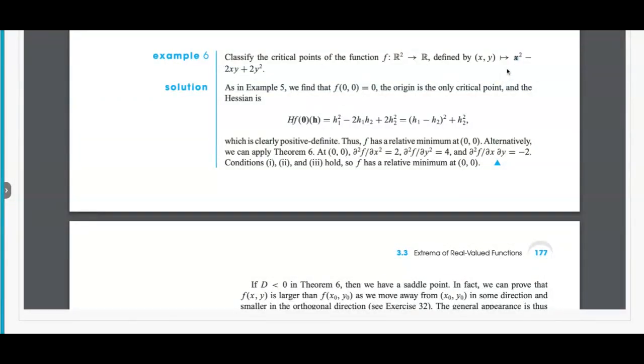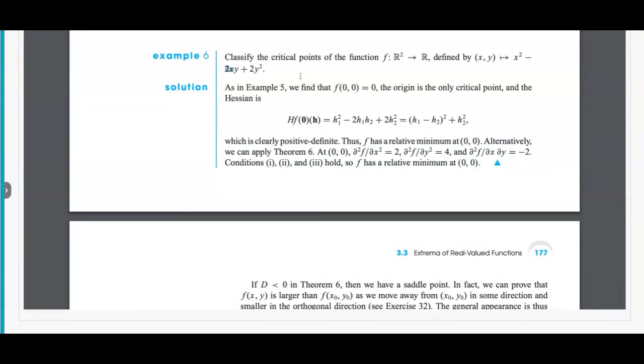We find partial f partial x is 2x minus 2y. Set to 0, that means x equals y. Then partial f, partial y, we get 4y minus 2x. We set that one to be 0.